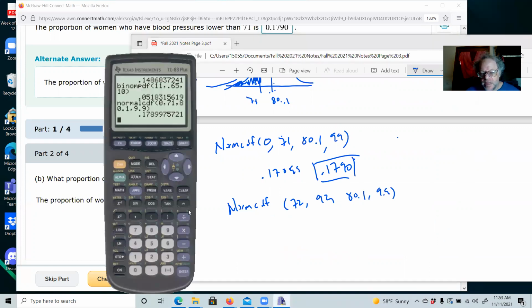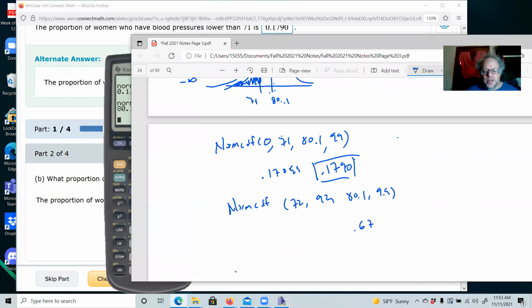Now we're just going to go back here and say distribution, CDF. Low number 72, high number 92, mean 80.1, and 9.9.